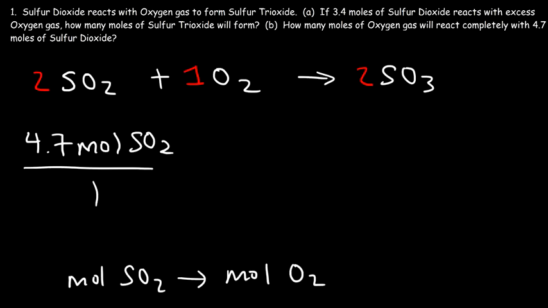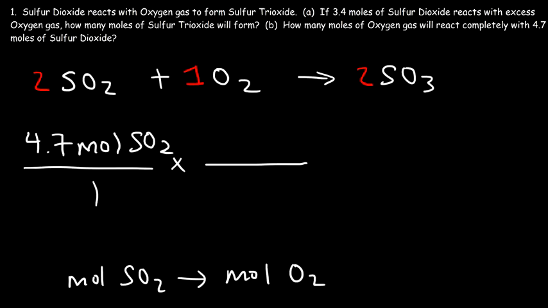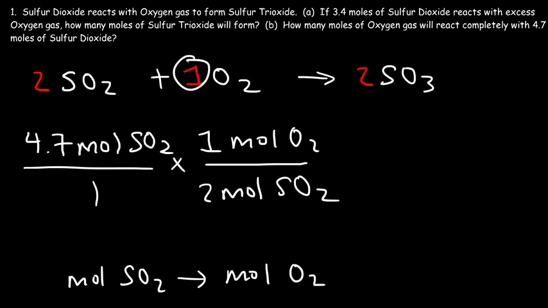So it's a one-step problem. All we need is 1 additional fraction. So we need the molar ratio between SO2 and O2. So for every 2 moles of SO2 that reacts, 1 mole of oxygen gas reacts along with it. So let's put the 2 moles of SO2 on the bottom, but on the top we're going to put 1 mole of O2 based on the coefficient in front of it.